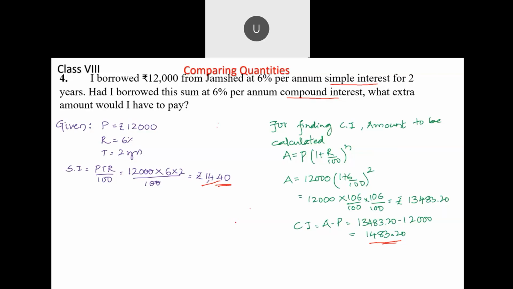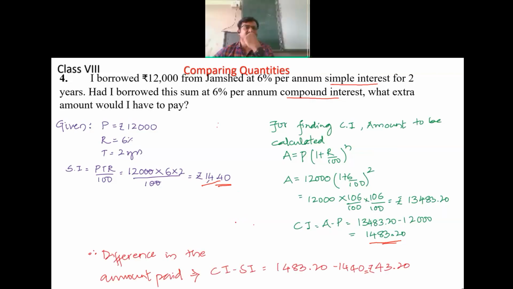We have to subtract, no? We have to subtract this. 1,483.20 minus 1,440. So the difference in the amount we get is 43.2 rupees. So it's easy. Yes, sir.